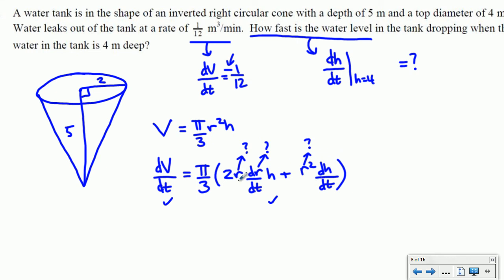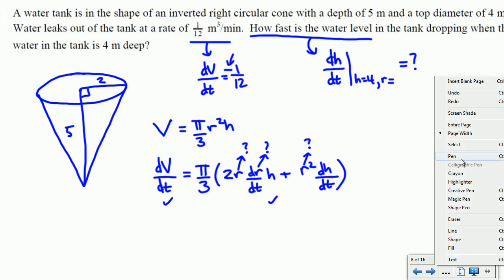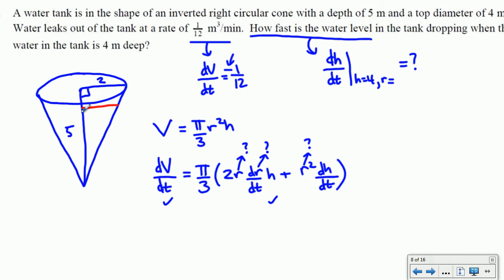So let's at least start with what is the corresponding radius when the height of the water is there. We need to figure out what this radius is when the height is 4.